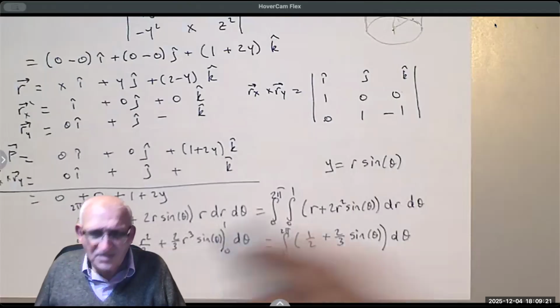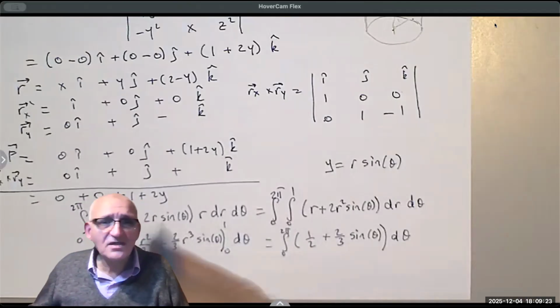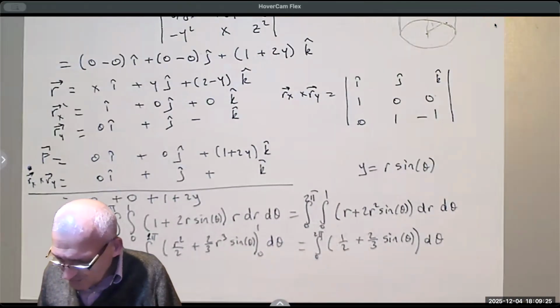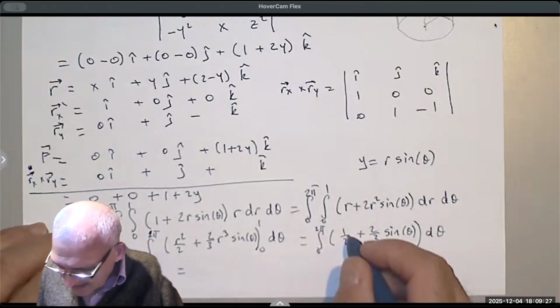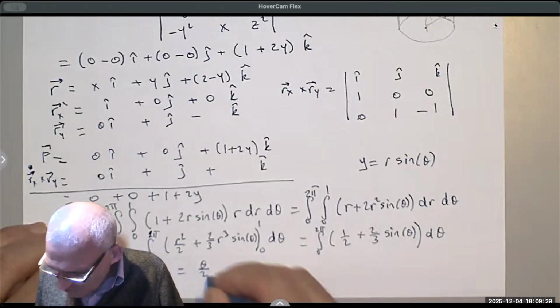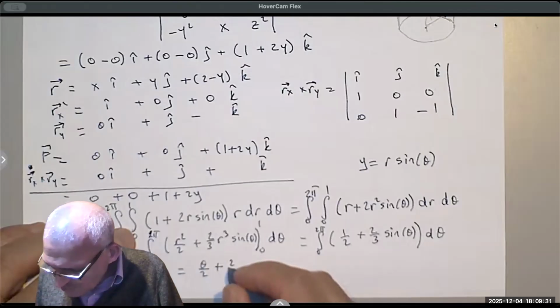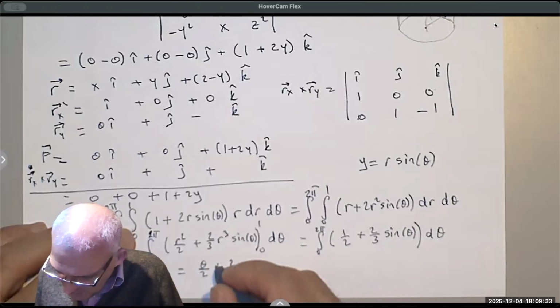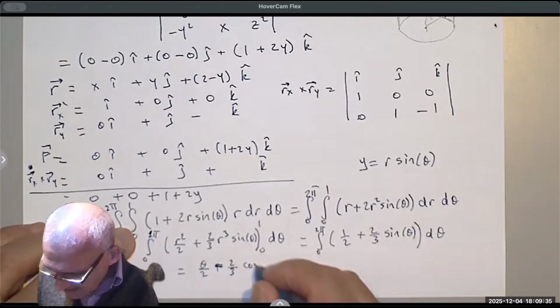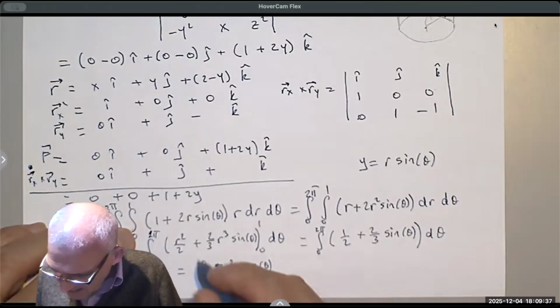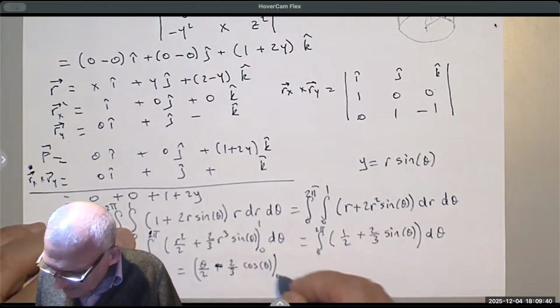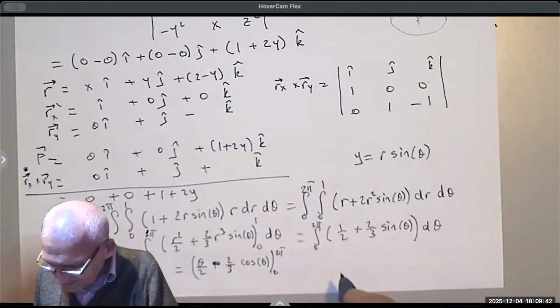If you substitute r is 1, then r squared is 1 and r cubed is 1, everything is 1. So when I integrate that, I get theta over 2 minus 2/3 cos theta, evaluated from 0 to 2 pi.